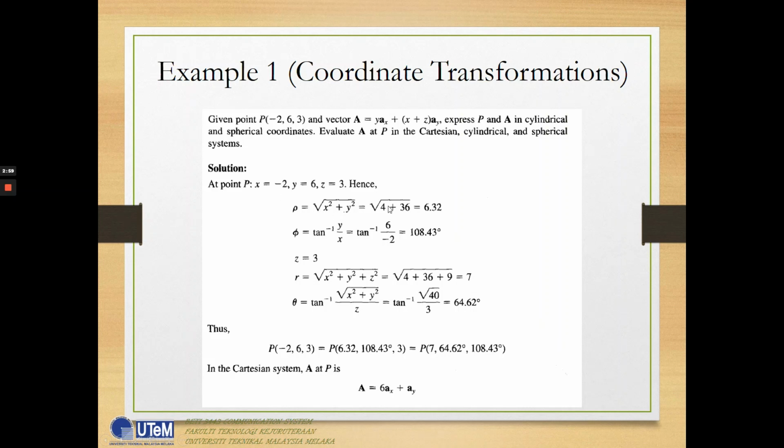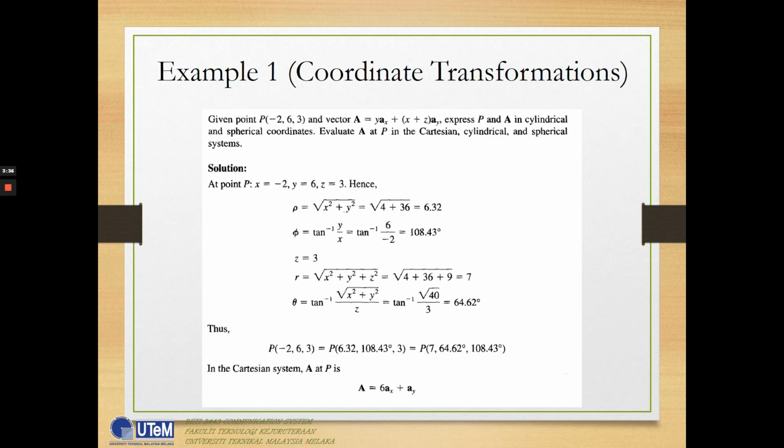Since we know x and y, we find it like this. Z is z, there is no change. And phi is tan inverse of y by x. So y is equal to 6 and x is equal to -2, which gives 108.43 degrees. Remember, this can be in degrees, or also in radians, with or without pi. So we now have rho, phi and z.